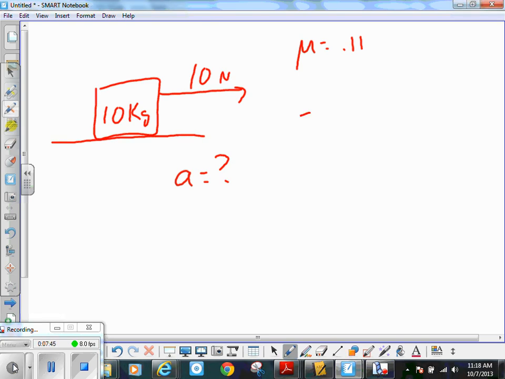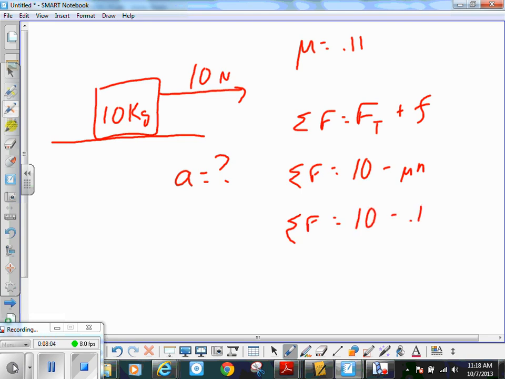So the summation of forces in this case is the force of tension in that rope, plus the force of friction. So the summation of forces in this case is 10 minus the coefficient times the normal. Summation of forces is 10 minus 0.11.